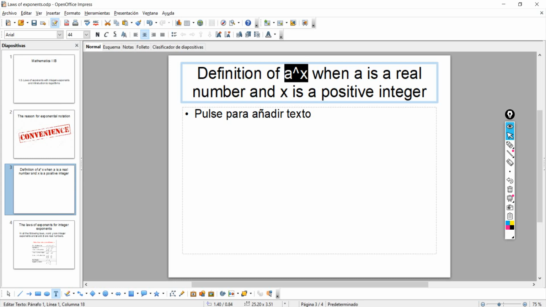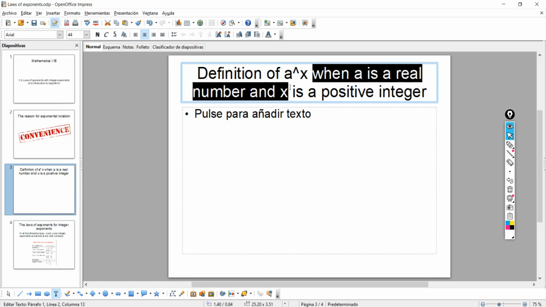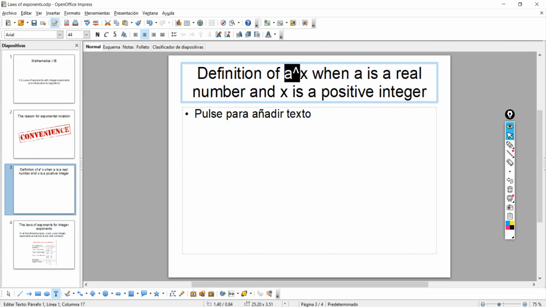So let's define this symbol precisely, a to the x, when a is a real number and x is a positive integer. At this point, we're going to understand this symbol a to the x only when a is a real number and x is a positive integer.